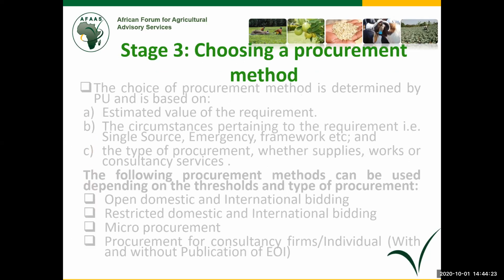Next, step 3, choosing a procurement method. This is very critical. So colleagues, when you prepare your requisition and you have your terms of reference, don't be tempted to saturate it, because as far as technical issues of procurement are concerned, you may not know which method to use, and you just saturate terms of reference when the procurement method to be used is not determined.